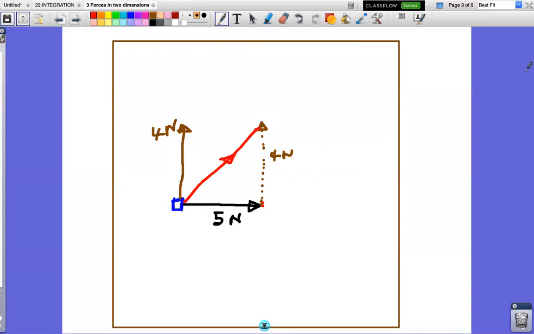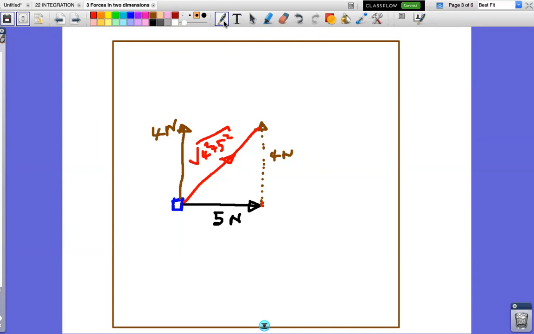What is the magnitude of the resultant force? Since this is a triangle, the magnitude here will be the square root of 4 squared plus 5 squared in that direction. All right. So we are able to make these two forces become like one force.